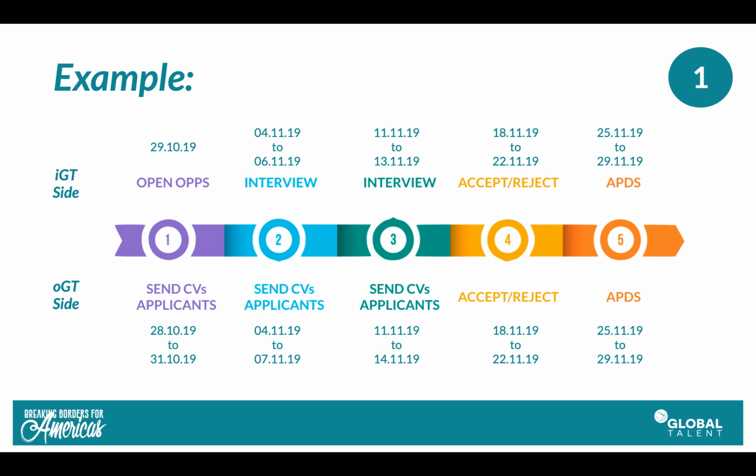If I, as IGT, know this timeline and understand why the process will be like that, then it will be easier for OGT to know when they need to send the CVs, when they need to have applicants, and the most important part, when both OGT and IGT will have results, accepteds or rejecteds, and approvals.